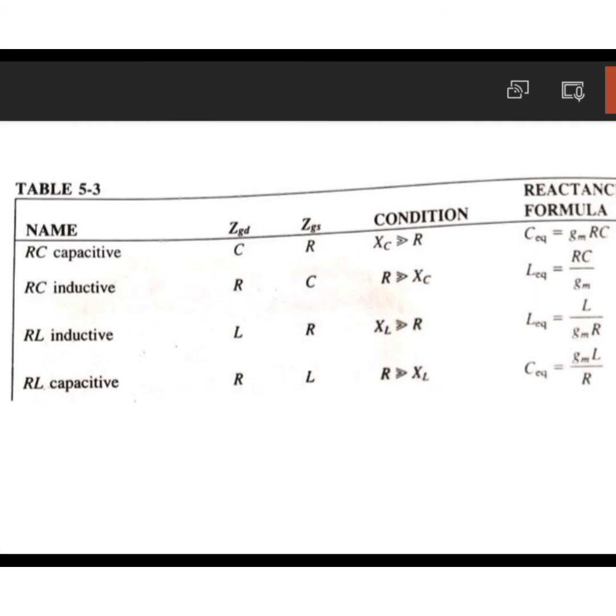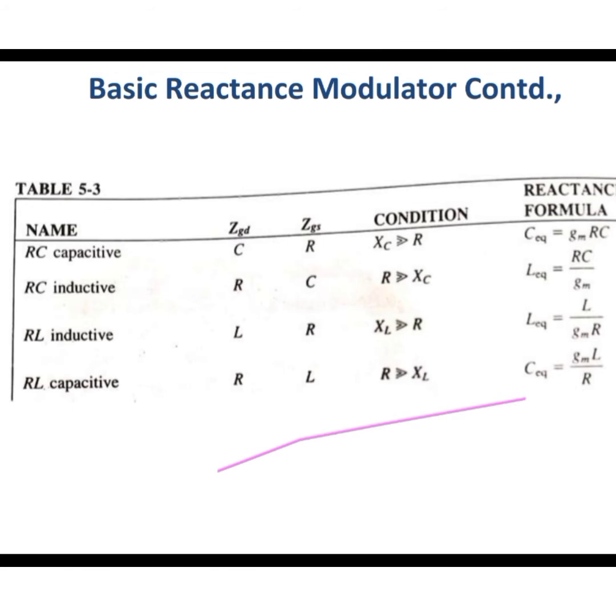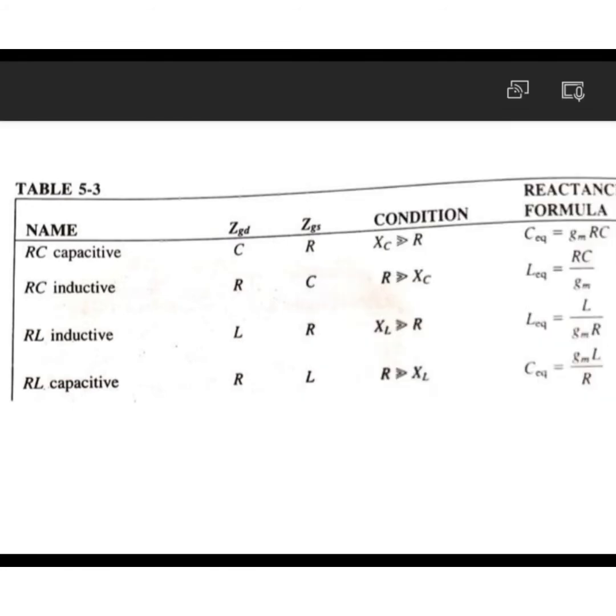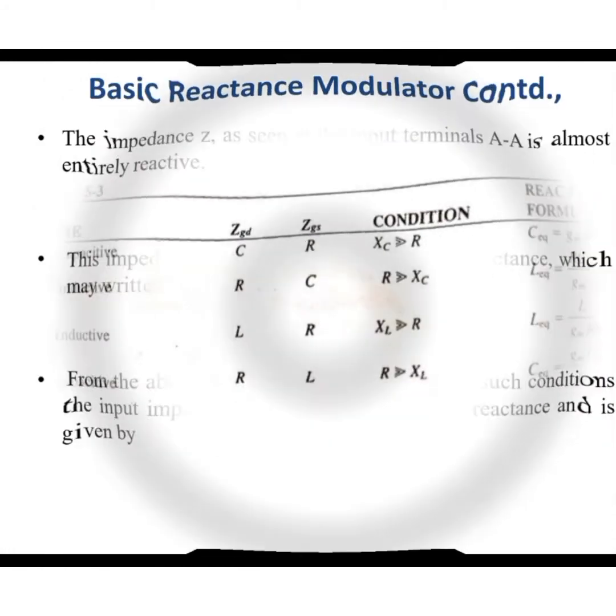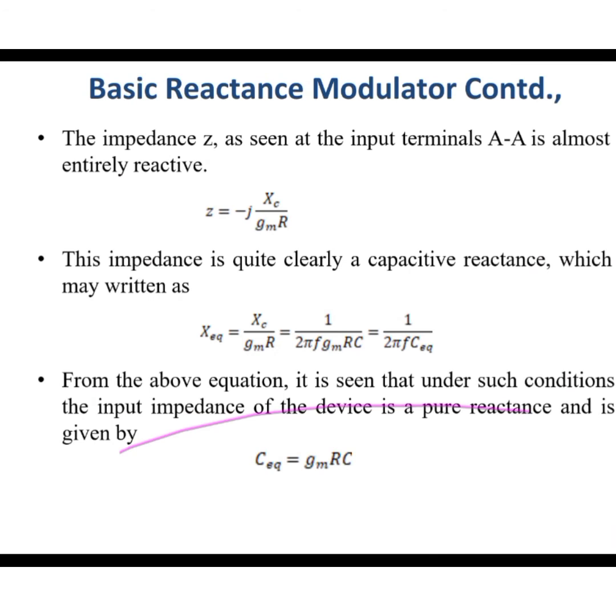Xc is here a capacitive reactance. So finally you will get the impedance developed across this terminal AA dash as minus jXc GmR.